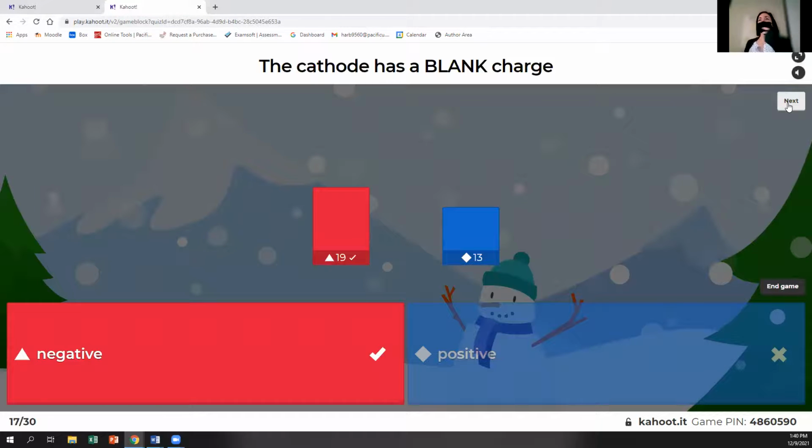Cathode is negative, and anode is positive. It's just C for cathode, negative.